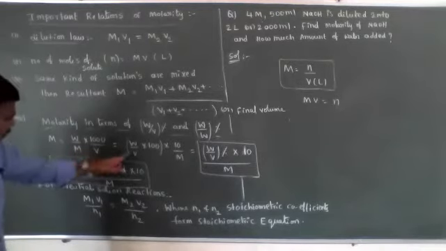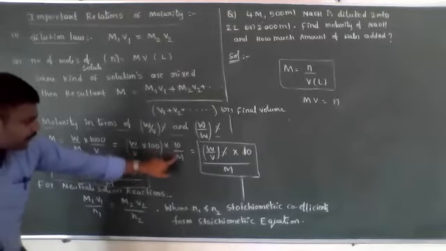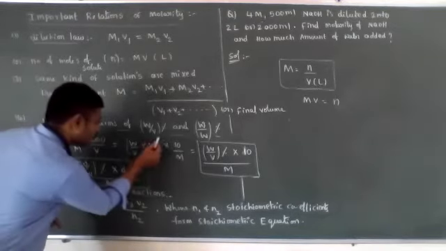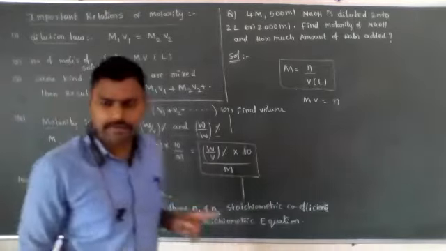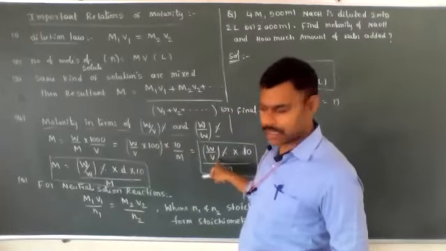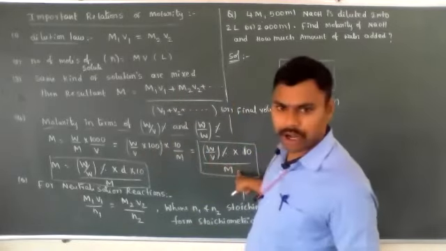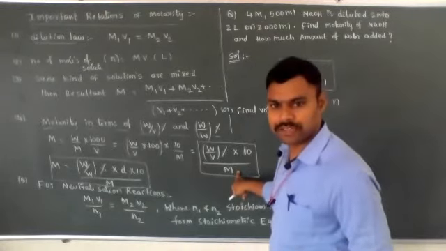Modifying this equation: weight by volume of solution into 100 into 10 by M. W by V, weight of solute by volume of solution into 100, is nothing but weight by volume percentage, so molarity is weight by volume percentage into 10 by gram molecular weight of solute.